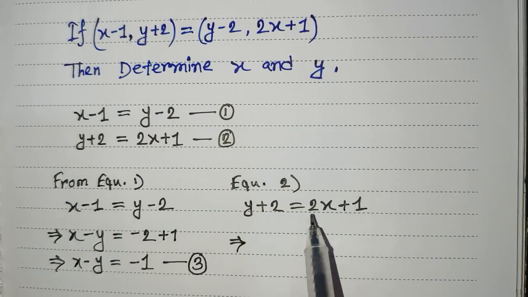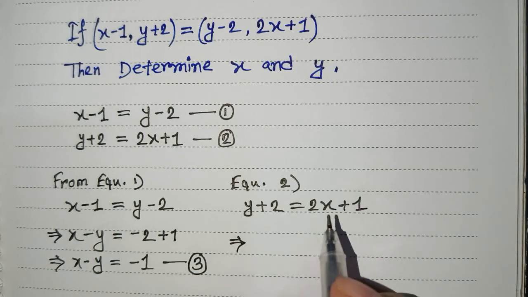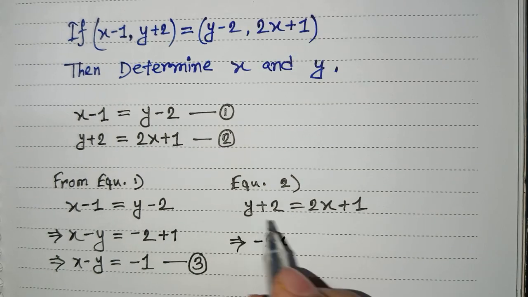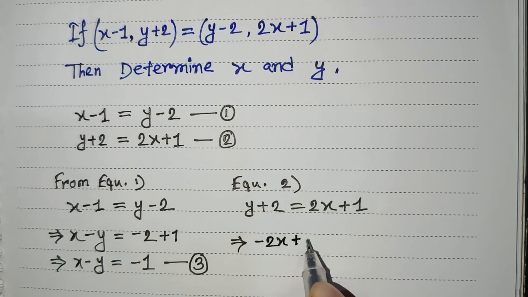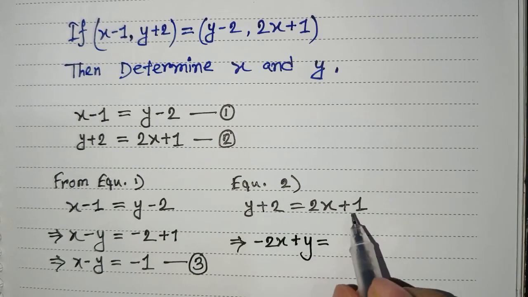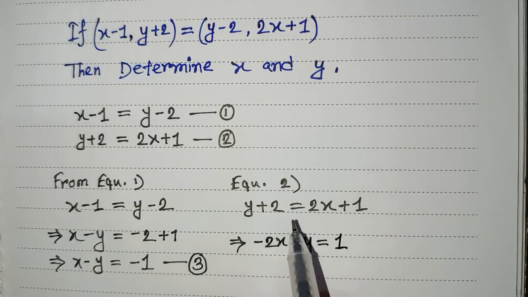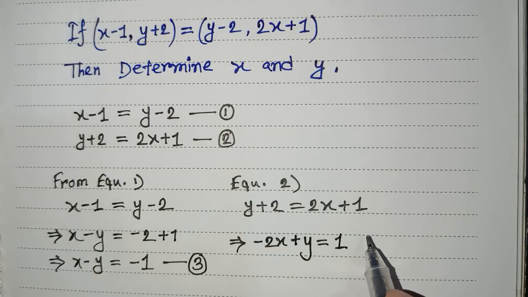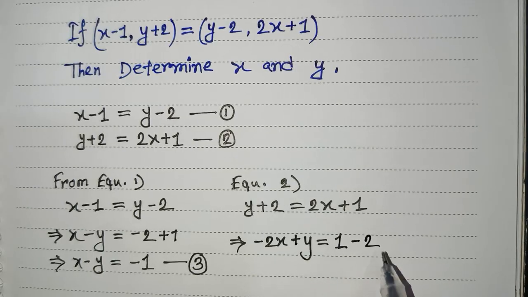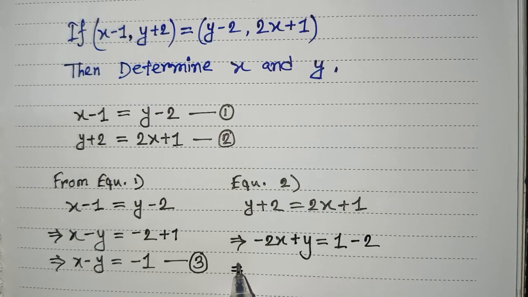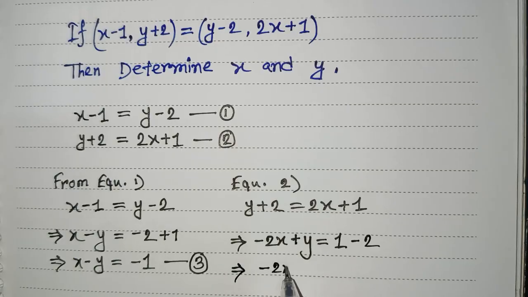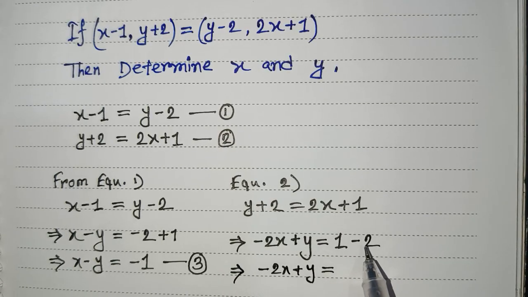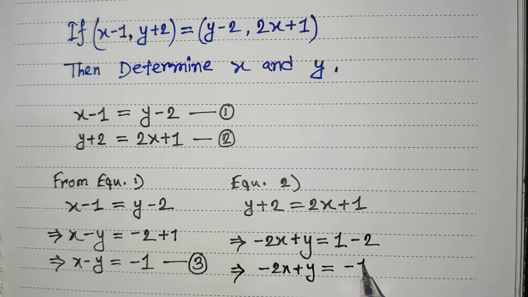So here moving 2x from the right side to the left side, it becomes negative 2x, and here we have positive y equals 1, and now moving positive 2 from the left side to the right side, it becomes negative 2. Minus 2x plus y equals plus 1 minus 2, equals minus 1.